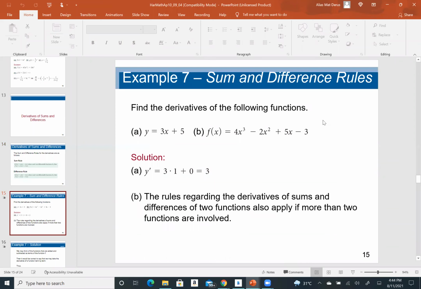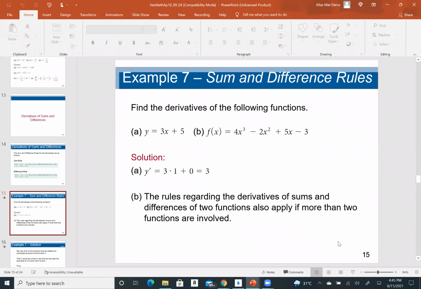So it doesn't matter, they can mix up. You can either have plus or minus sign, same rule. Differentiate each term and keep the sign as it is. If it is negative, it's negative. If it is positive, maintain it as positive. And then only you multiply by the derivative of the term. So that is an example.